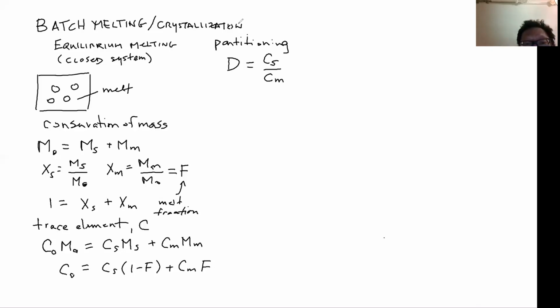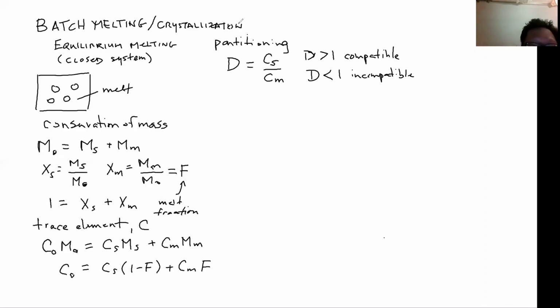You always put the solid over the melt, and it's to denote how this element might be distributed between the two phases at equilibrium. Now, it's empirical, and we'll talk about partition coefficients in another lecture. But when D is greater than 1, we call this compatible. And when it is less than 1, it's incompatible. Okay? Some terminology for you.